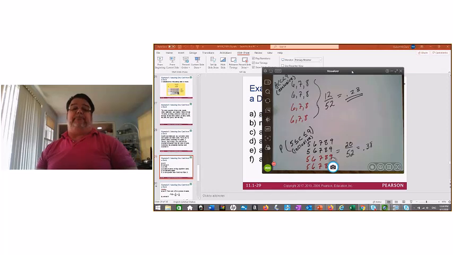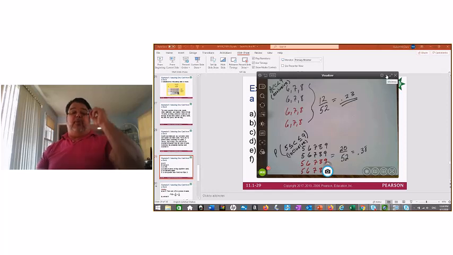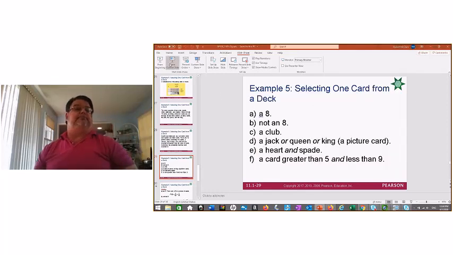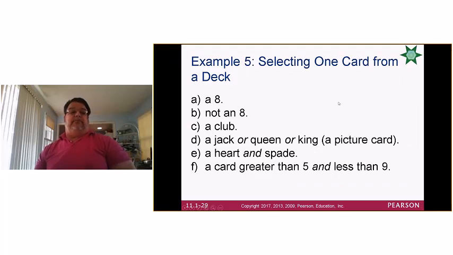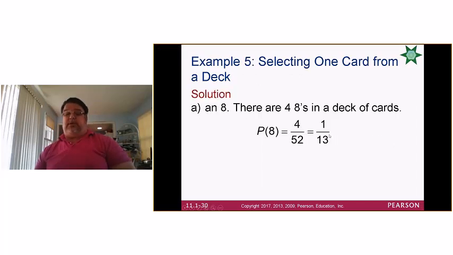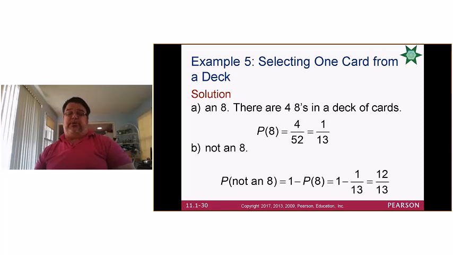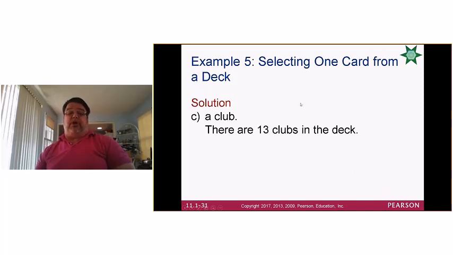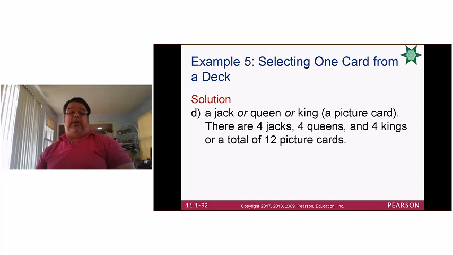Question on that? Now, let's see what they get. One over 13. Not an 8 would be 11 over 13. I'm sorry, 12 over 13. A club would be 13 over 52, which is 1/4, 0.25. A jack or queen, we said that that was 12 over 52.